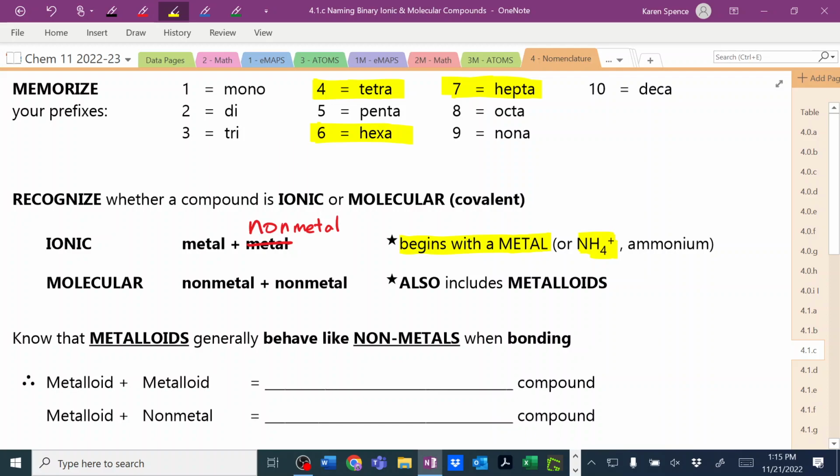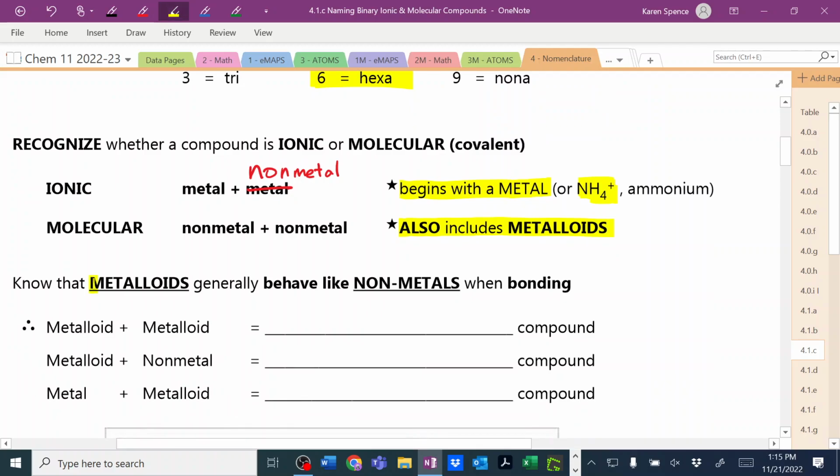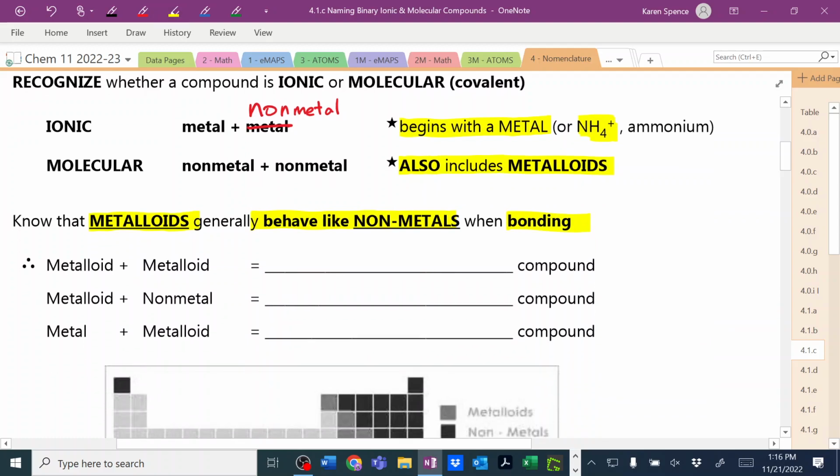Molecular is non-metal plus non-metal, but it also includes the metalloids. Metalloids behave like non-metals when they are bonding. So if a metalloid behaves like a non-metal, what kind of compound do we get if we put metalloid with metalloid?